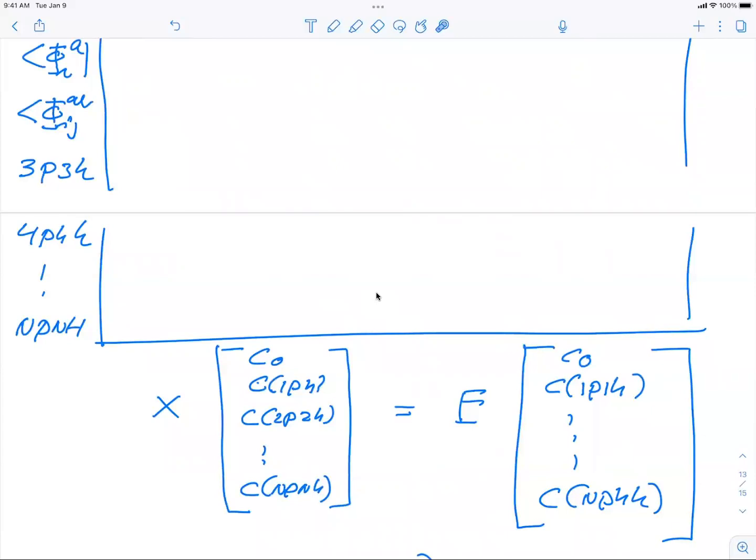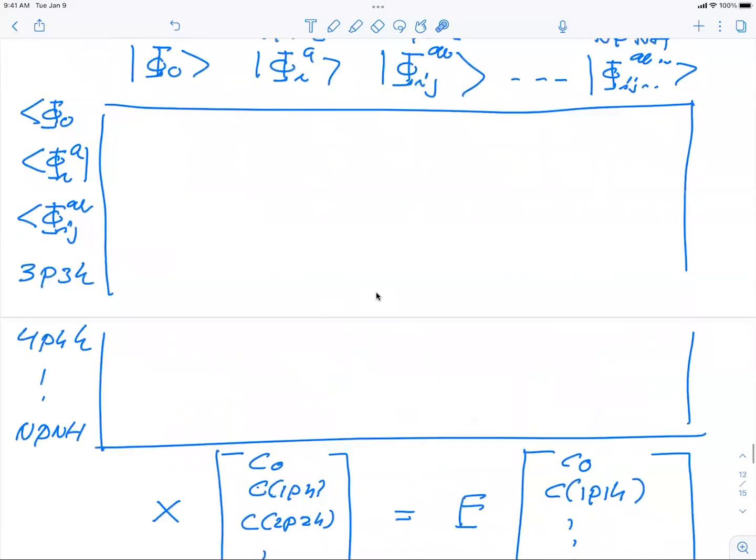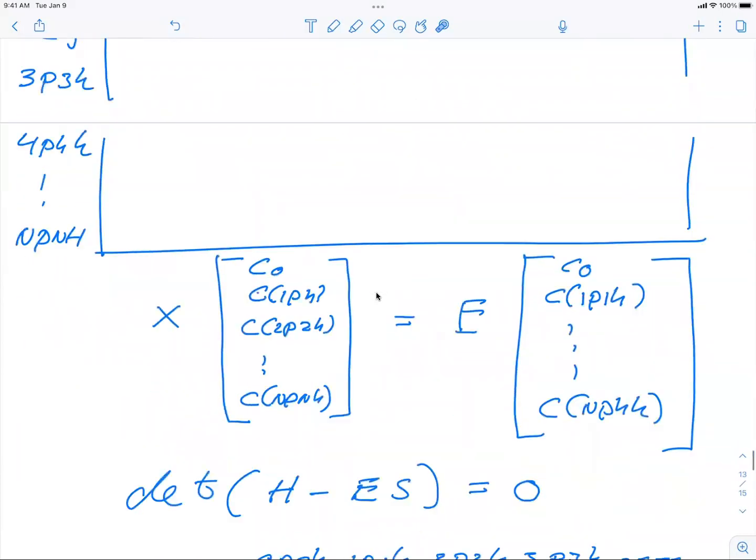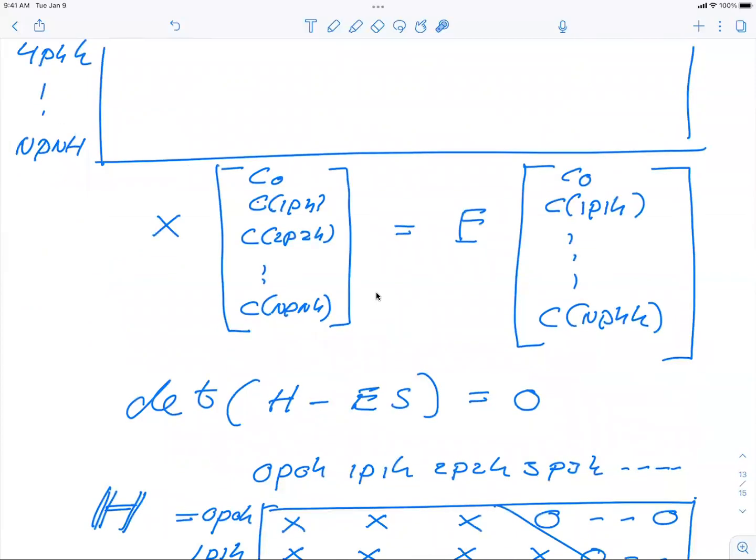So keep in mind, it's not the exact one. If somebody gave you the exact one, this may not match it, unless you have an infinite basis. But if you can diagonalize this problem, this is the exact solution within that computational basis. So that's the way you have to phrase this. It doesn't need to match what nature wants you to reproduce, but it could be a good approximation.